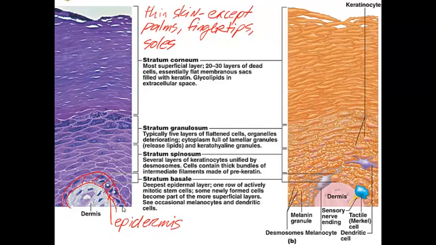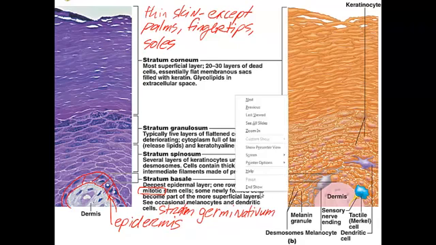But the most important thing that occurs in the stratum basal is that there is rapid mitosis. There's rapid dividing. And so for that reason, this layer is also called the stratum germinativum. It's S-T-R-A-T-U-M, but germinativum, which is referring to germinate or to grow. So it's the germinating layer, the stratum germinativum.